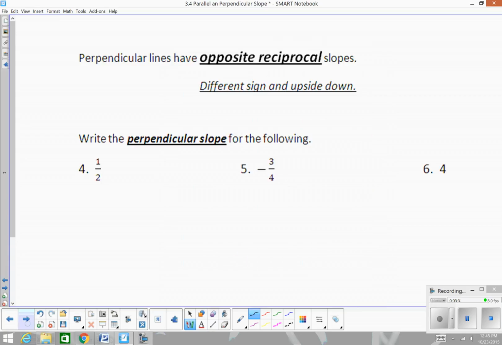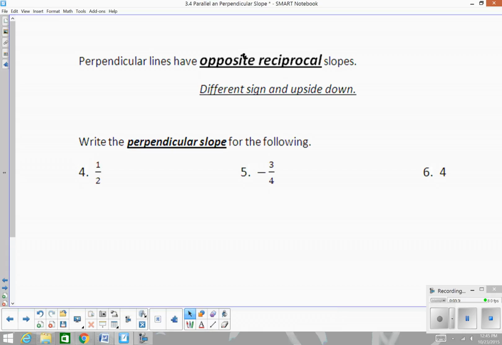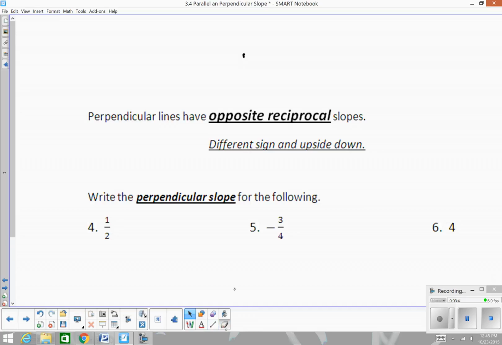Okay, so now when we look at the equations, let me just get an equation first. I'll move this down. So when I have an equation, let's say y equals 1/2 x minus 4. Good.